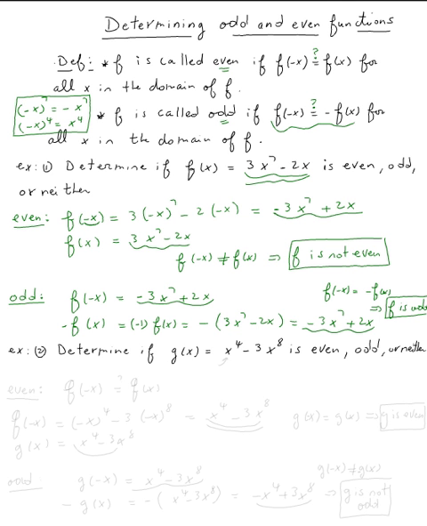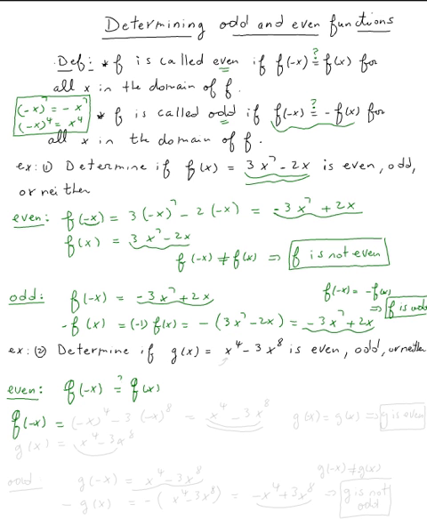Now same thing for the second example too. We need to check for even, and we need to check for odd. For even, we need to check if g of negative x is equal to g of x. So let's do g of negative x first. Our function is g, same thing, just a different name.